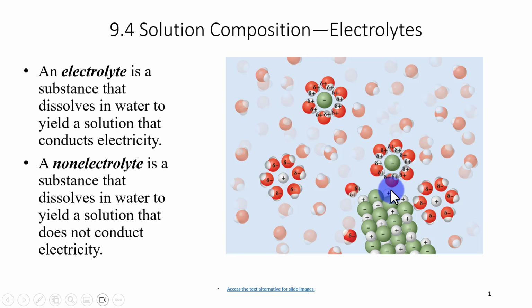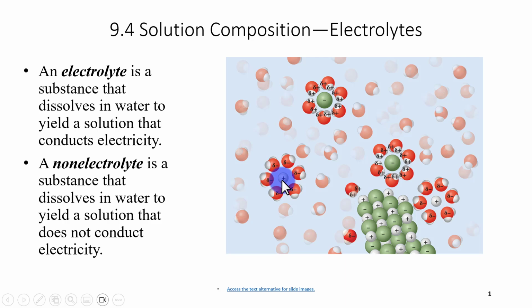Now you can see pictorially why we can only dissolve a certain amount of solute in a certain amount of water. It takes a few molecules of water per ion to surround each ion, and I will run out of molecules of water.